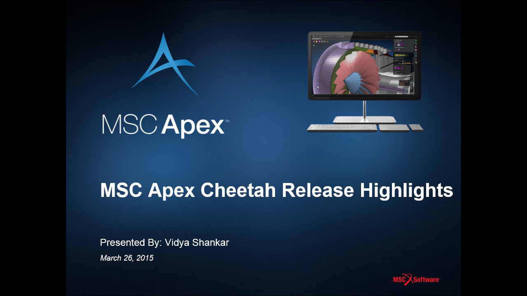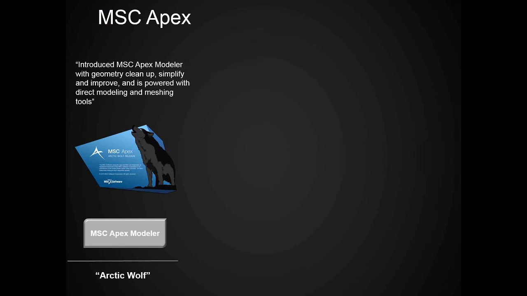And today we are here to introduce you to our third release of MSC Apex, which is MSC Apex Cheetah. Prior to this, about a year ago, we released the first version of MSC Apex, which was Arctic Wolf, that was exclusively targeted for modeling, and that was empowered with the direct modeling and meshing engines built in.